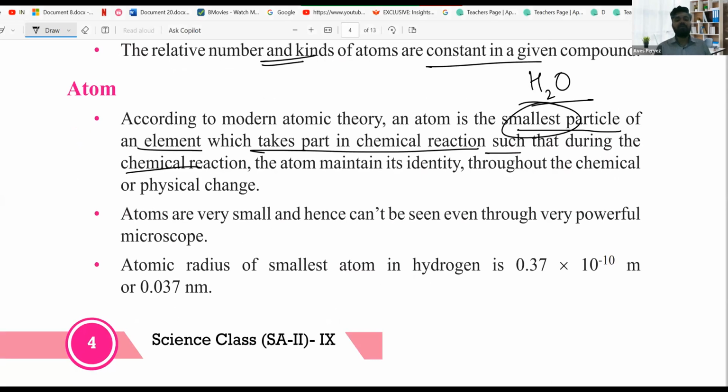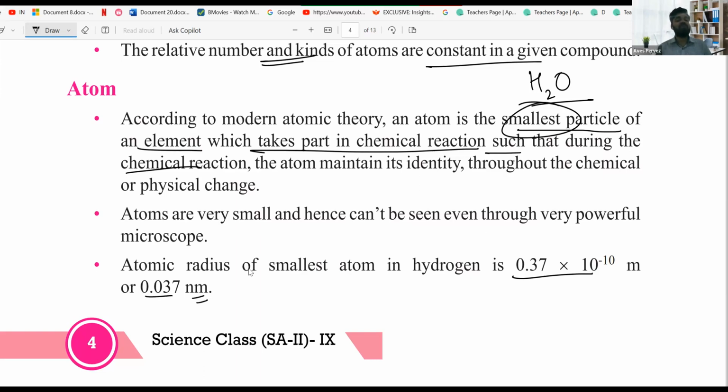Okay, atoms are very small and hence can't be seen even with a powerful microscope, because they are very small in size. The atomic radius of the smallest atom, hydrogen, is 0.37 times 10 to the power minus 10 meter, or 0.037 nanometer.